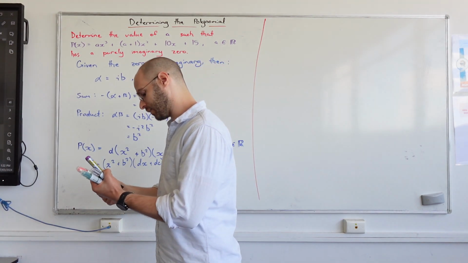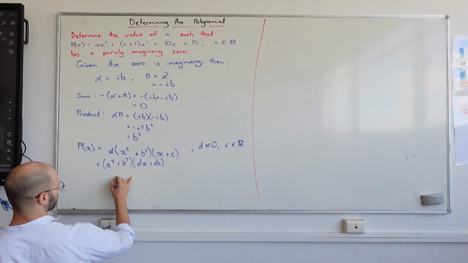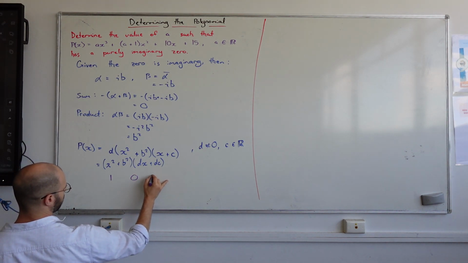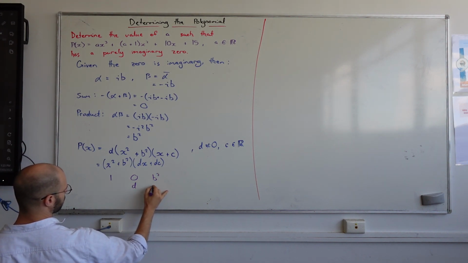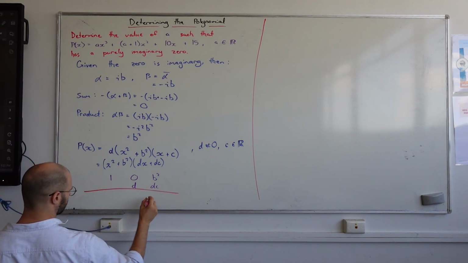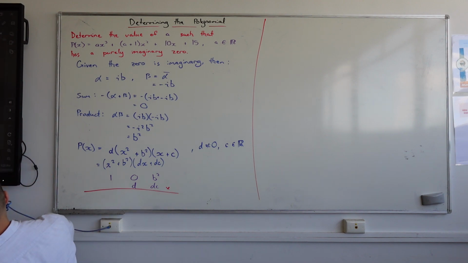Alright, expanding this out using synthetic division. Let's go 1, 0, b squared.